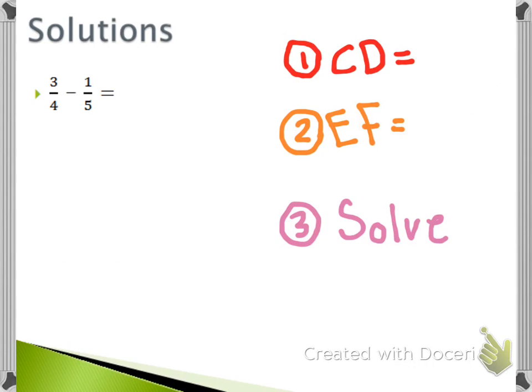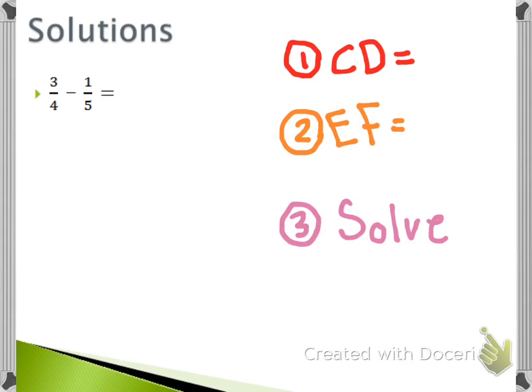All right, and last, I want to show you guys the solution for 3/4 minus 1/5. And we're going to follow the same format as we did before. We're going to follow the 3 steps in order. We're going to find the common denominator, we're going to find the equivalent fractions, and then finally we'll be able to solve.